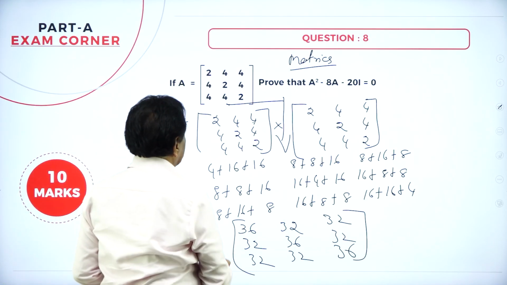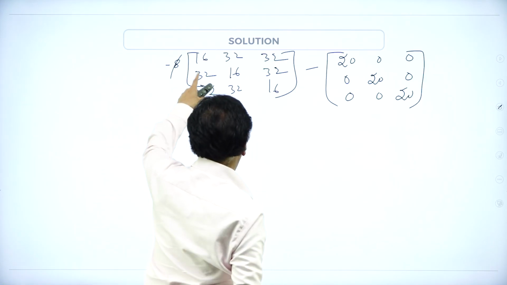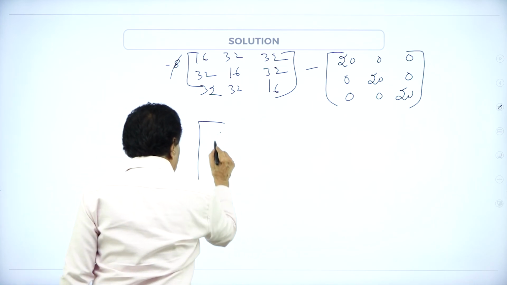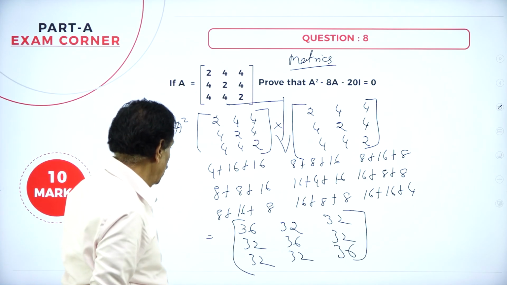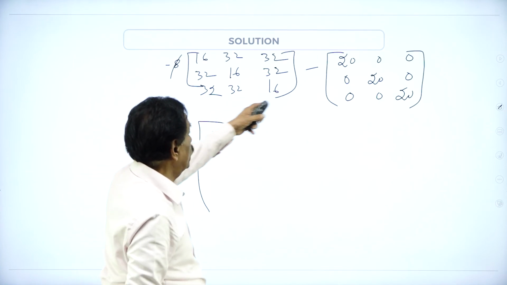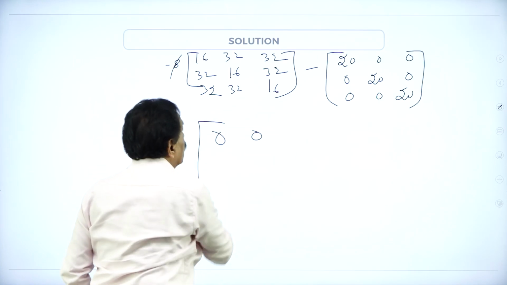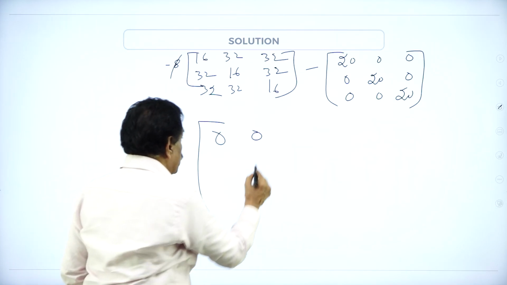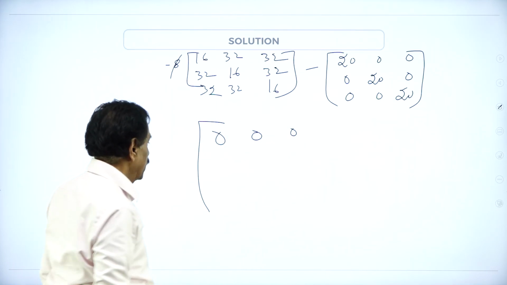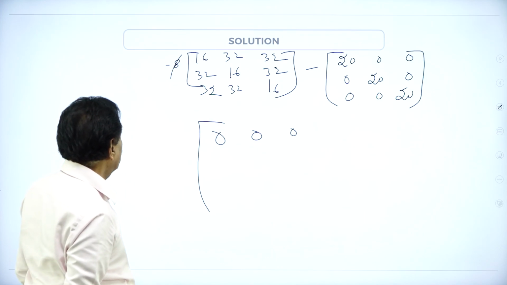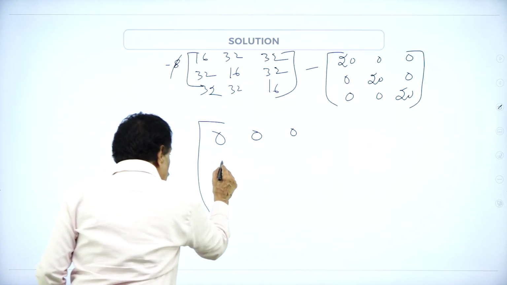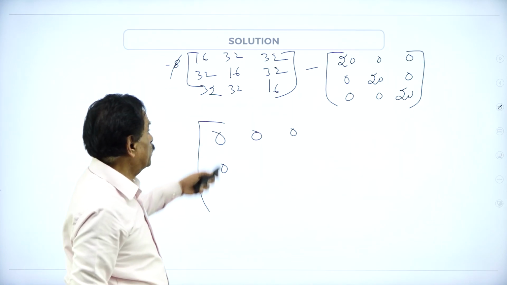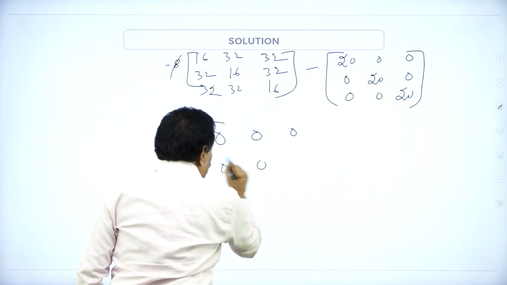What is the first number? 36, minus 16 is 20, minus 20 is 0. Second one, 32 minus 32, minus 0 is 0. Then 32 minus 32, minus 0 is 0. Then 32 minus 32, minus 0 is 0. Then 36 minus 16 is 20, minus 20 is 0.